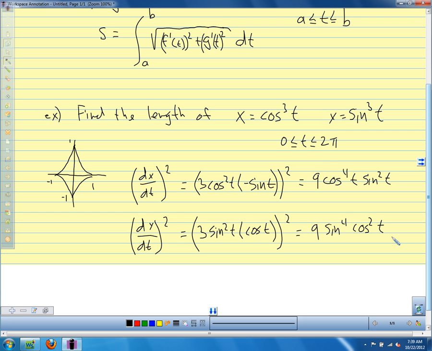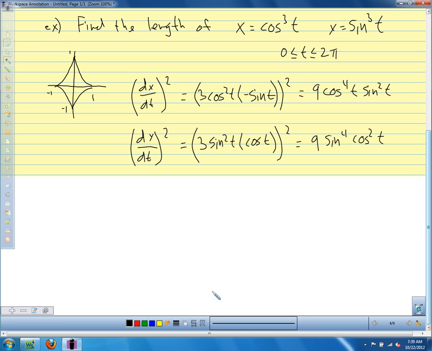So this is what we end up putting into our radical to find our arc length. Before we start plugging into our integral, let's just calculate what our radical is, the square root of this plus this.